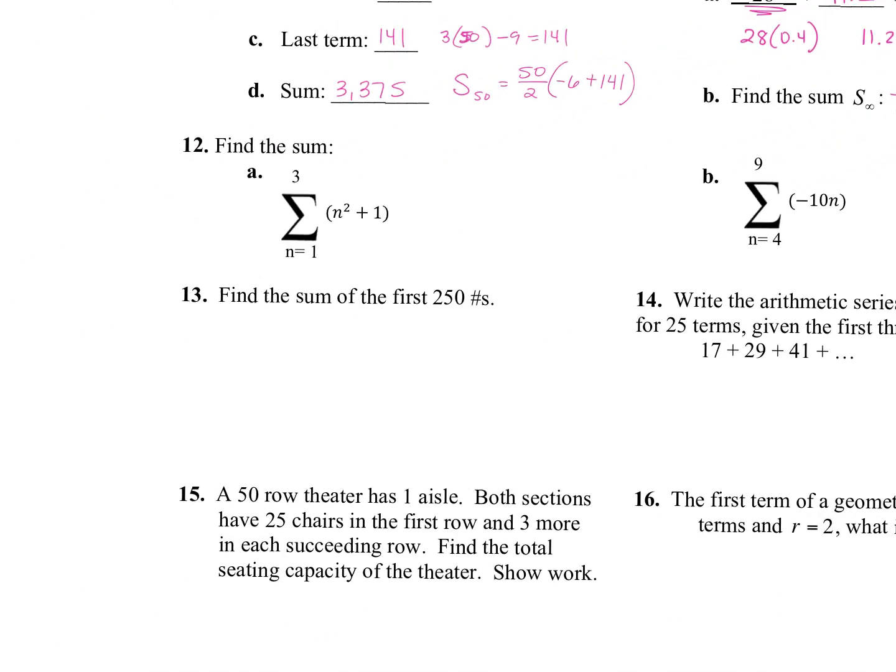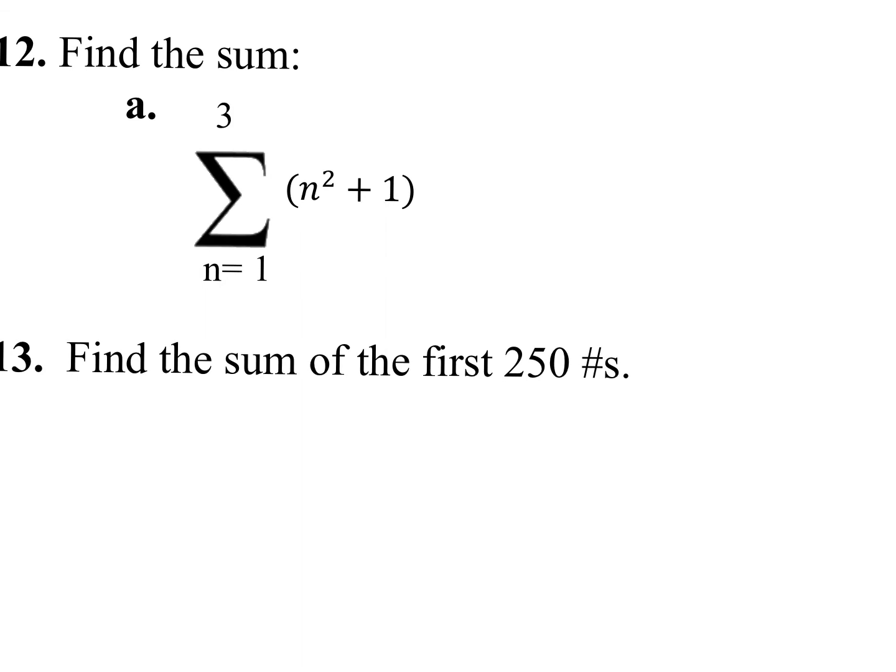All right, number 12. For this one, it's summation notation. Notice this is very simple. It goes from one term to three terms. So you just plug in a 1, then a 2, then a 3, and add them together, because sum means you're adding them.